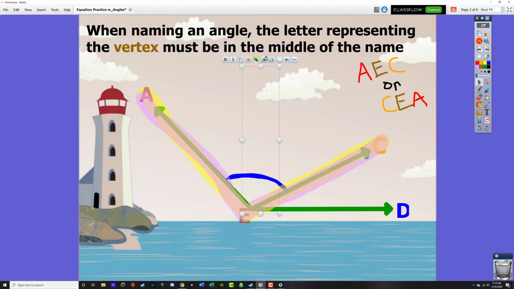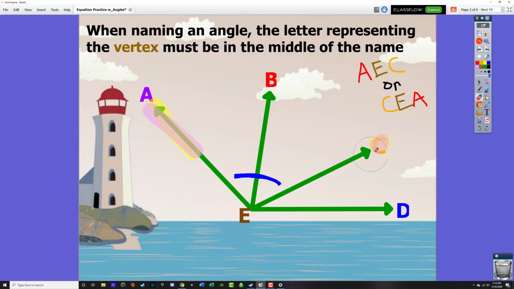So even if, like in this problem here, we have another arrow, or another line, cutting through this angle, the name is still the same, whether this is here or not. We would still refer to this as angle A, E, C, or angle C, E, A.